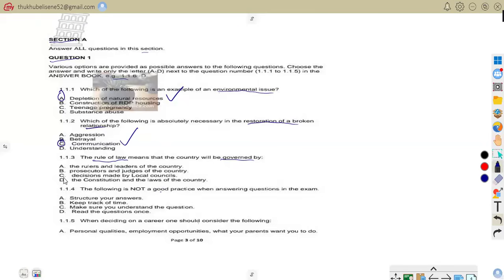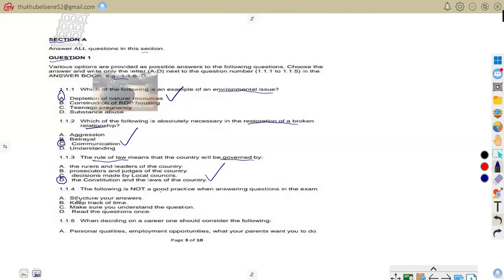The correct answer is D, the constitution and the laws of the country. We know the rule of law means everything, including leaders, must follow the law. The country is governed by legal rules, not individuals. So even if the president breaks the law, he or she can still be taken to court.